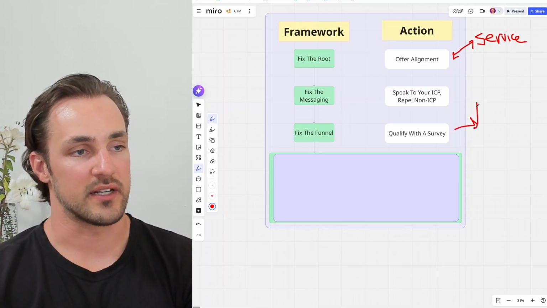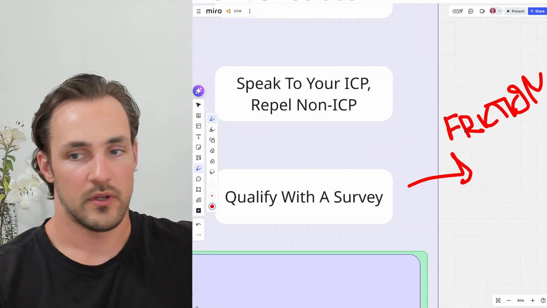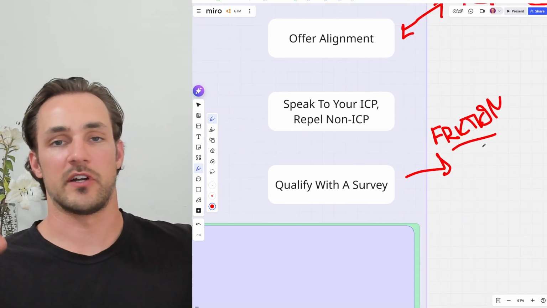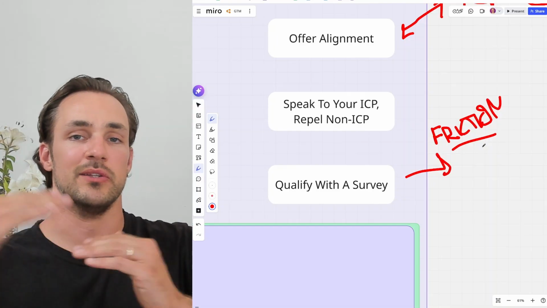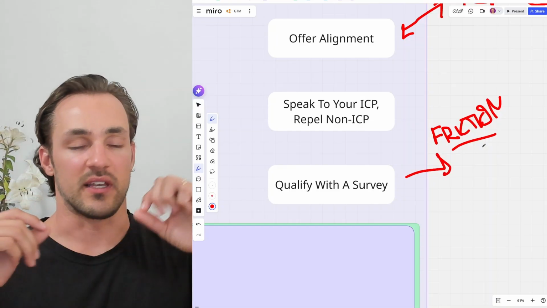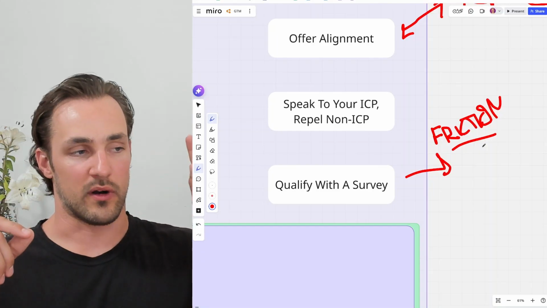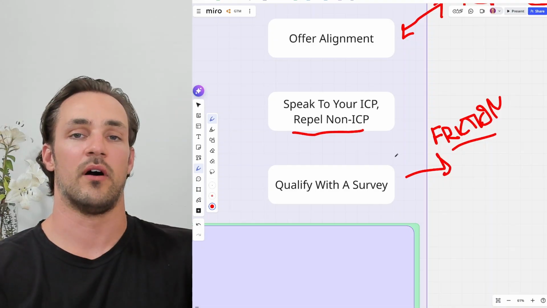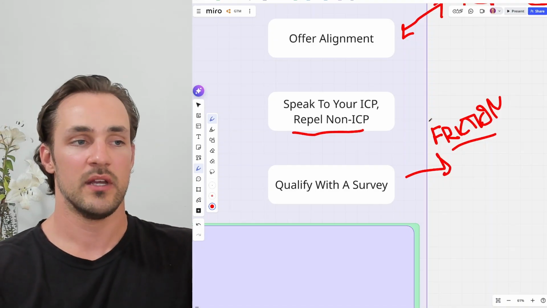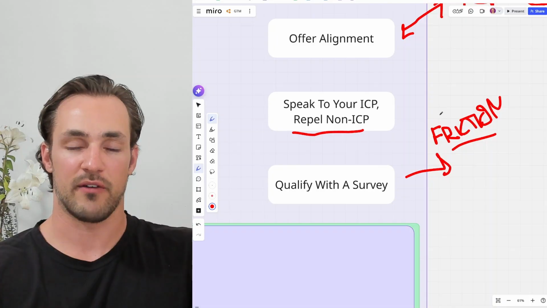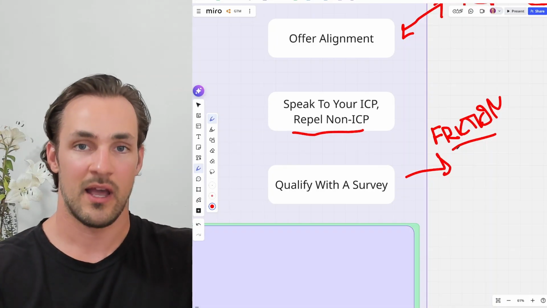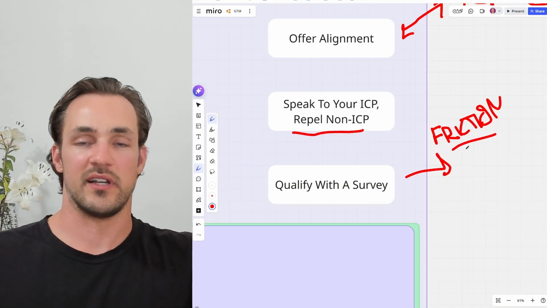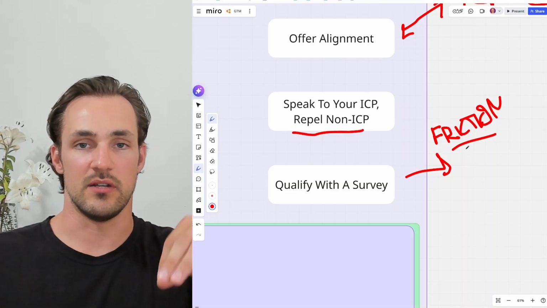Basically, what I like to say here, we're adding friction to our process on purpose. Some people are afraid of friction, and friction means where you might lose some conversions. But the key thing to note here is we're repelling our non-ideal customer profile with our survey or with our form. So we're adding the right amount of friction with intelligent questions. Ideally, these are questions that are required for your sales team to actually close the deal, right?